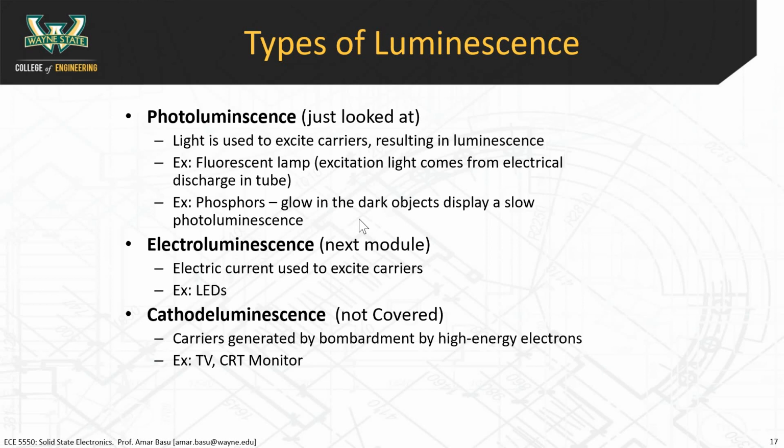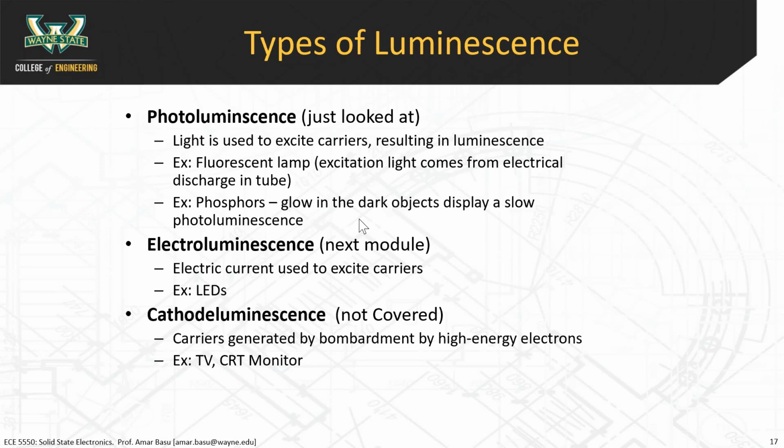Electroluminescence is when the semiconductor is excited with an electric field, and then it gives off light. So electric current is used to generate light. That's an example of LEDs. Cathode luminescence, which is not covered in this class, is when the carriers are generated by bombardment with high energy electrons.